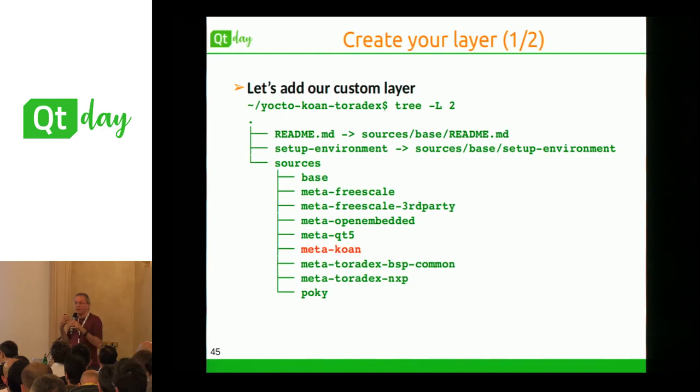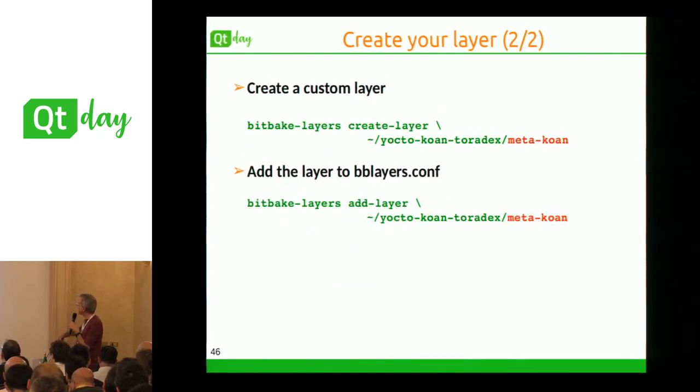When you want to add your components or customize it, you need to create a custom layer, and this is the one in red here. So you create a custom layer using the commands provided by the Yocto project: bitbake-layers create-layer. You need to specify the path of your layer, and the name is koan here.